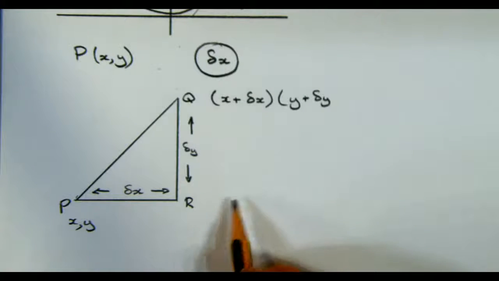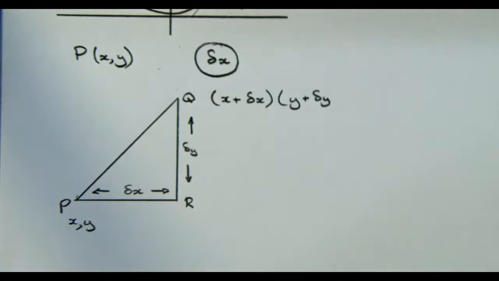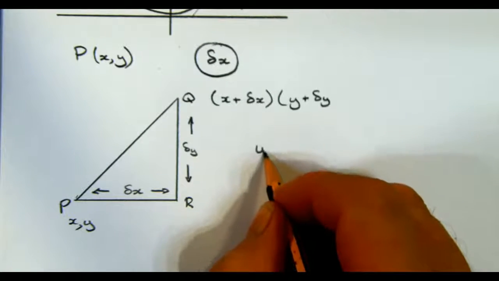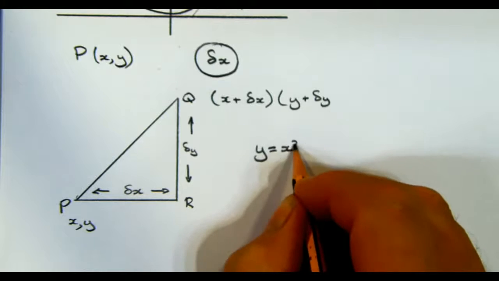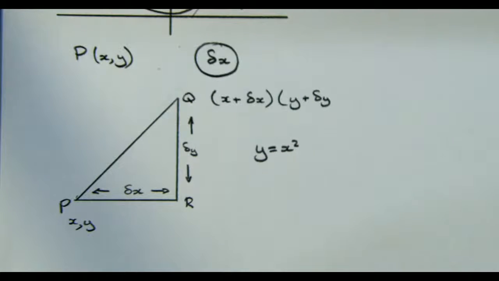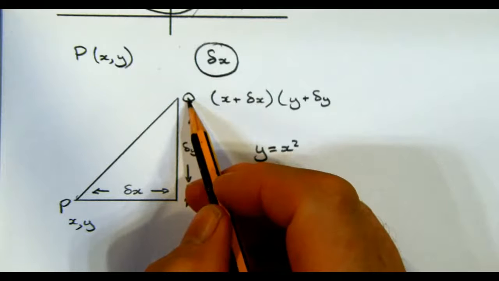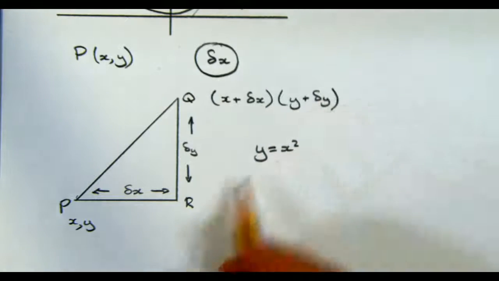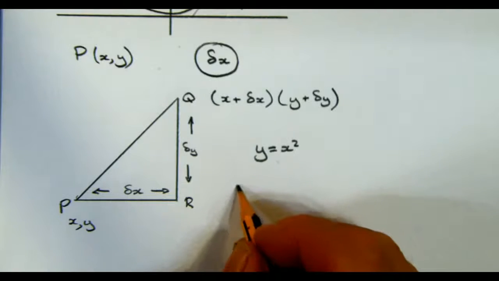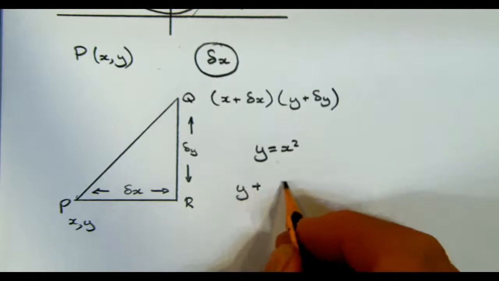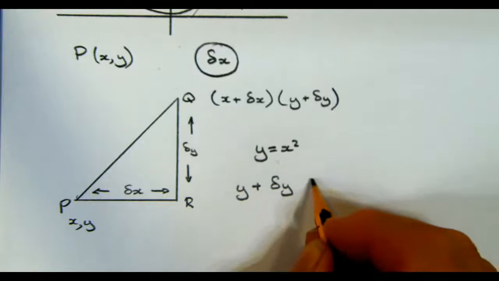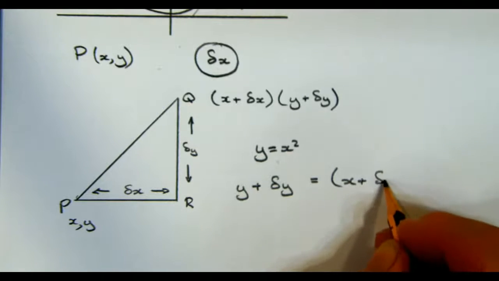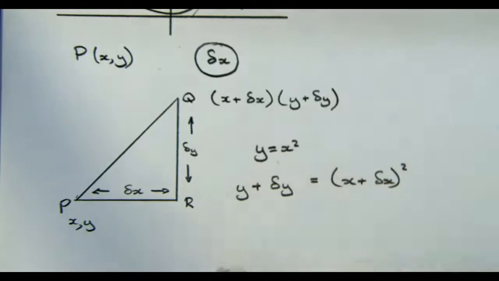Let's do some calculating. We know this is the curve, the equation y equals x squared. So at the point Q, we know that y plus delta y equals x plus delta x all squared.